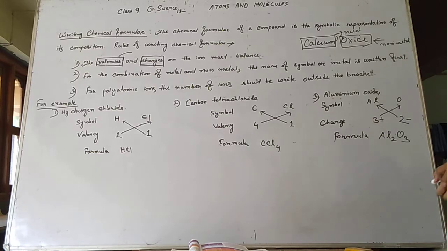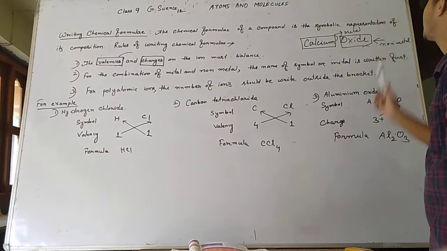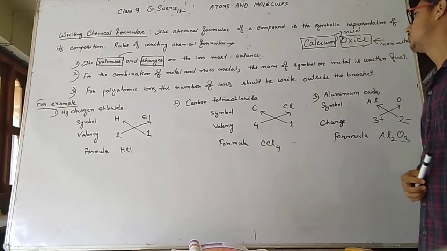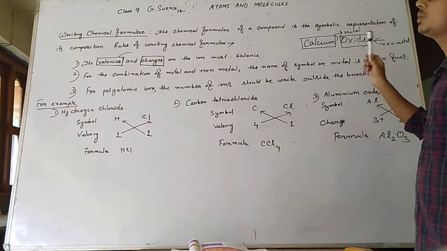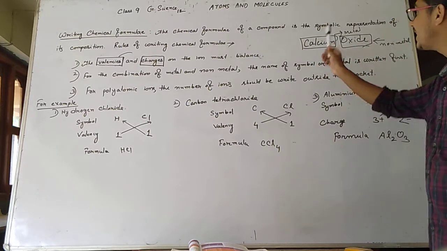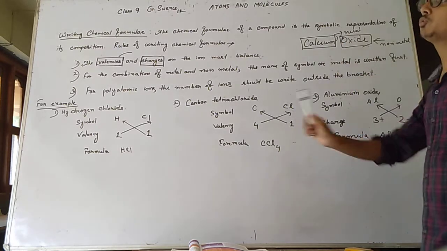So while writing the name of calcium oxide, the metal should be written first. You have to remember that we can't write oxide calcium. We have to write calcium oxide. And while writing the formula also, we have to put the metal first.